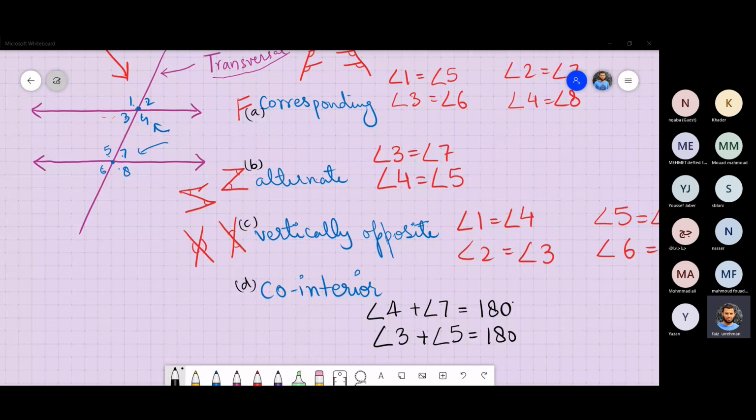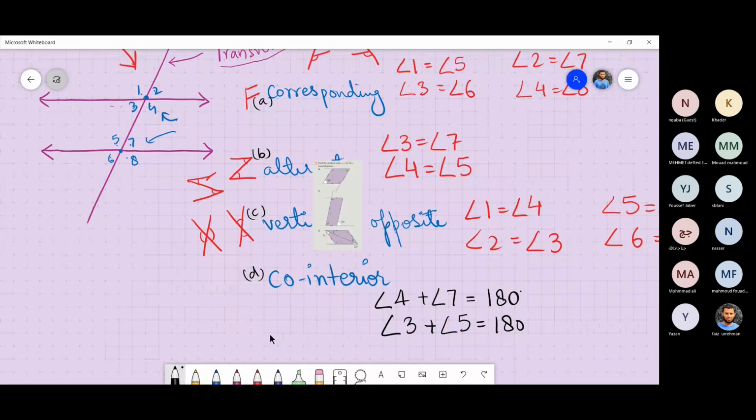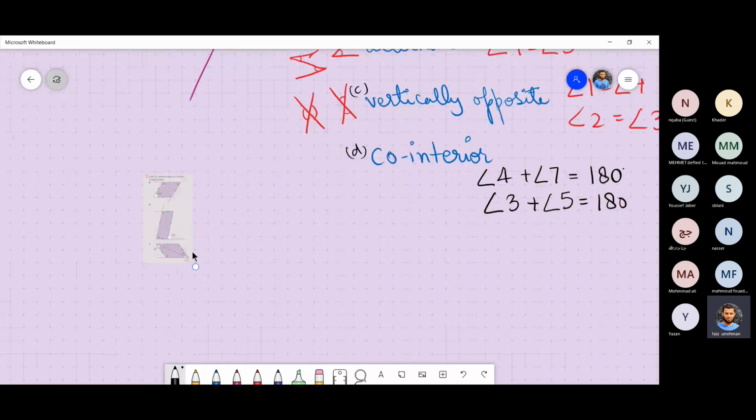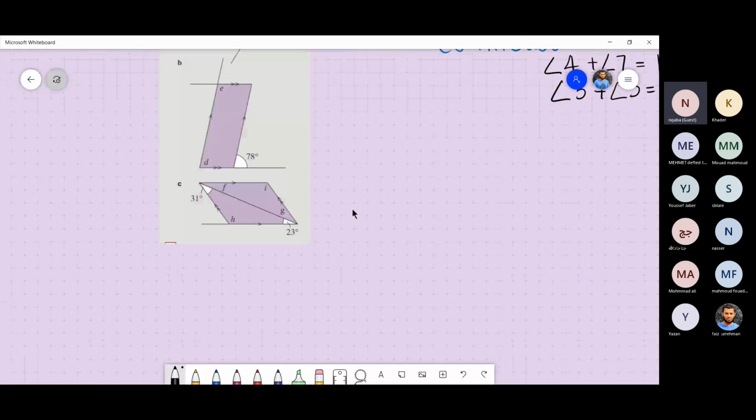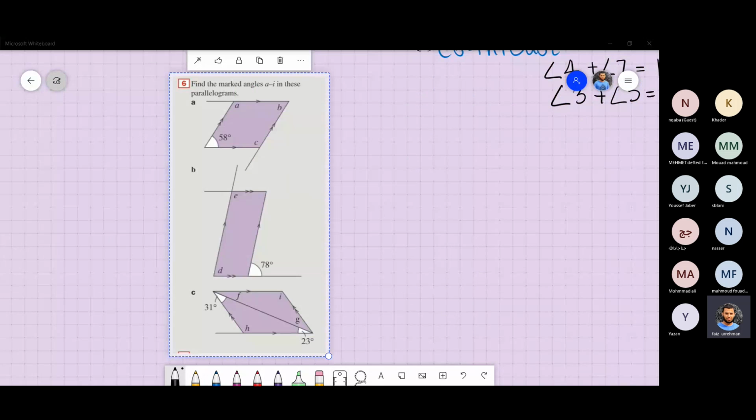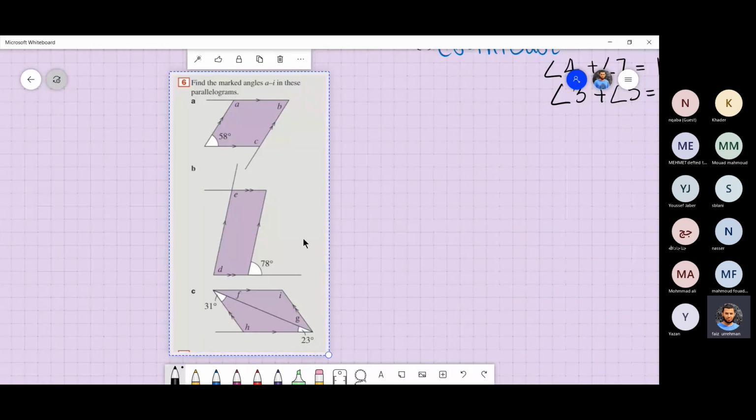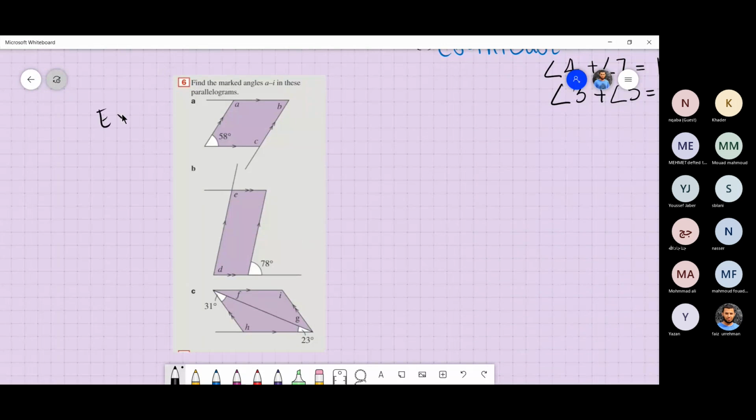Yalla. This one. Question number 6 of the parallel lines exercise is 9B, page number 132. These properties will be used: co-interior, alternate, corresponding. Okay, class, clear?